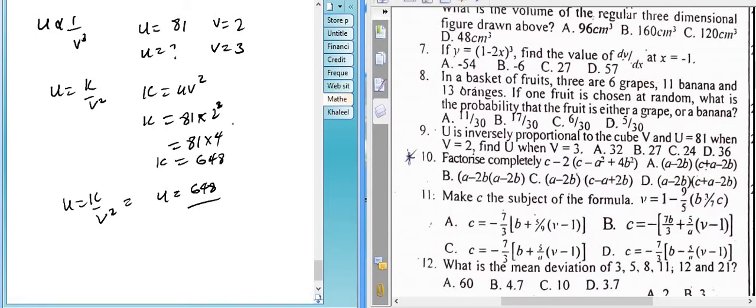Find U when B is equal to 3, then 3 squared, which I can say as 648 over 9, which is equal to 72. Then U is equal to 72. So looking at the correct option, that's the answer. The correct answer is option C.